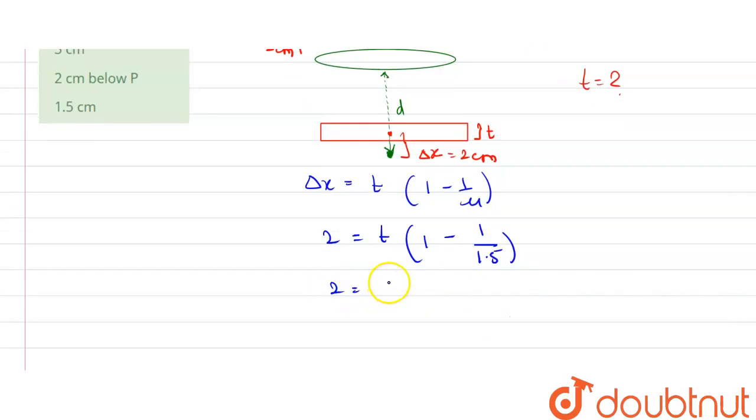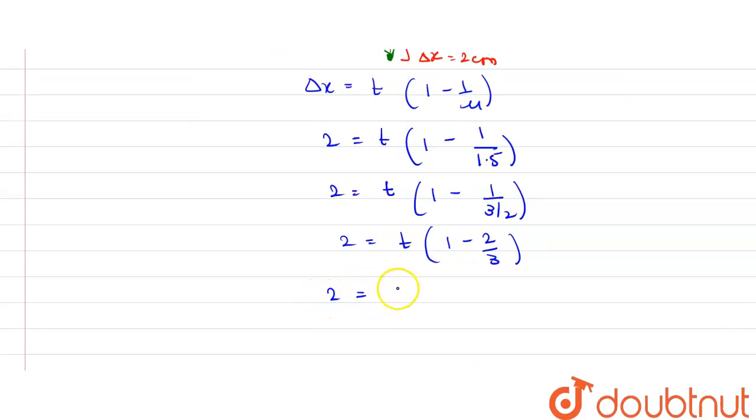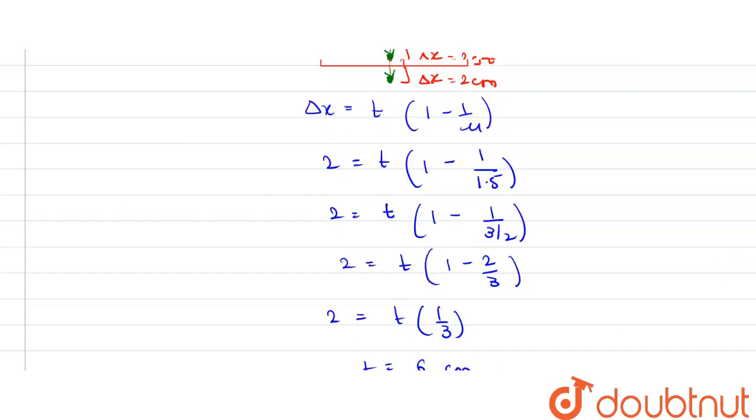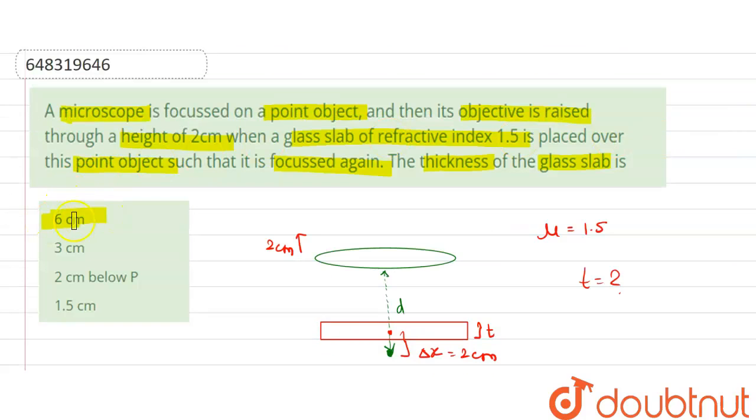So 2 is equal to T into 1 minus 1 upon 3 by 2, which is 2 equal to T into 1 minus 2 by 3. So we get 2 equal to T into 1 by 3, that is T is equal to 6 cm. That is why option 1 is the right answer.